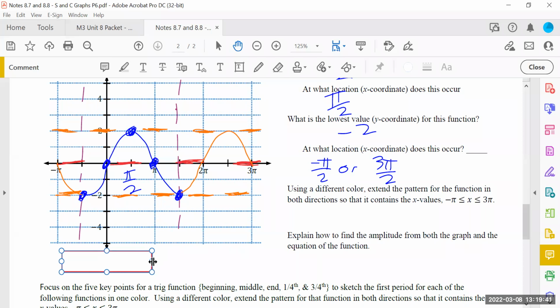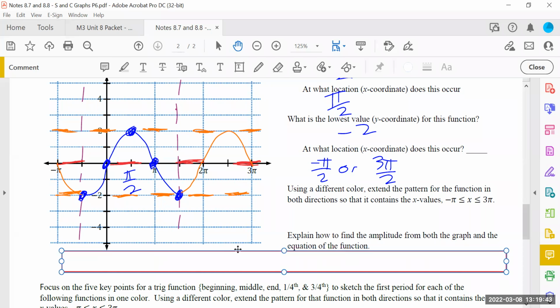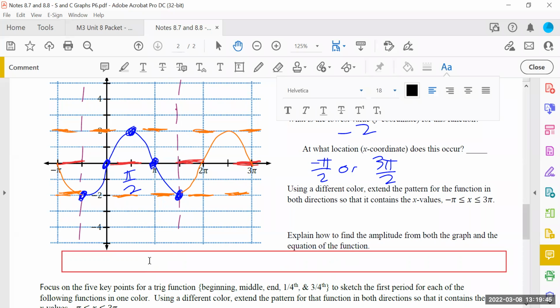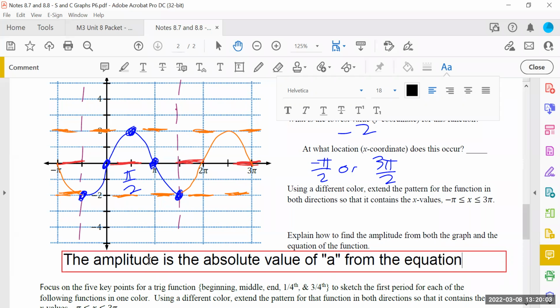So the way to find the amplitude from the equation is the absolute value of A from the equation.